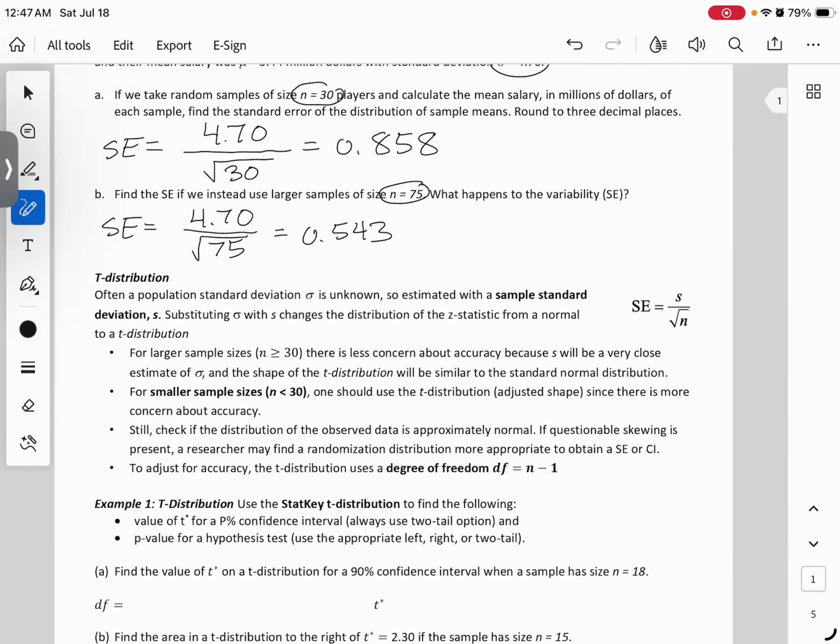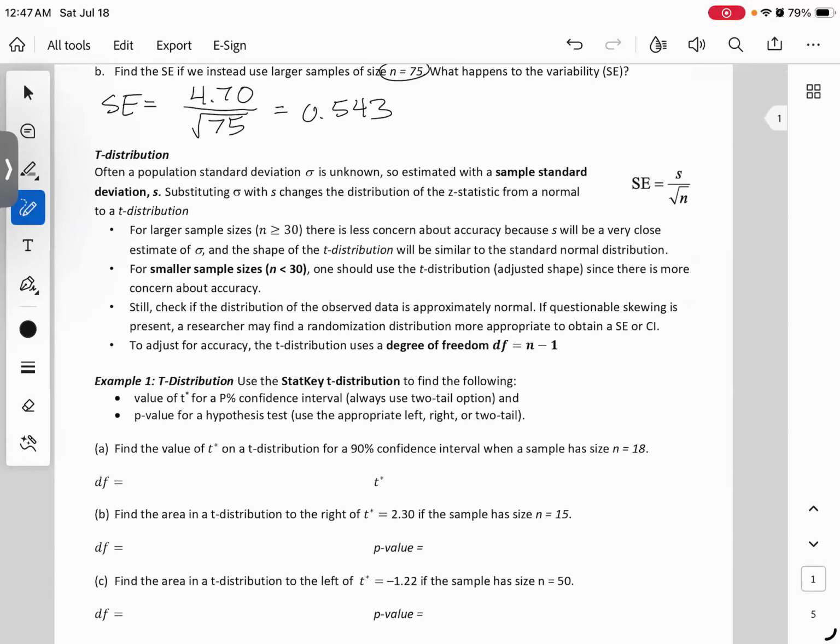Now, the big thing that's showing up at 6.2, and it's sort of been hinted at, is that whenever you're going to use the normal distribution, you want your sample size to be large enough. And if you were doing like 500 people, 1,000 people, that's plenty.